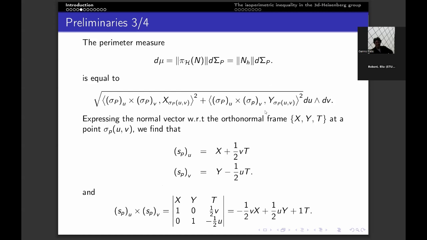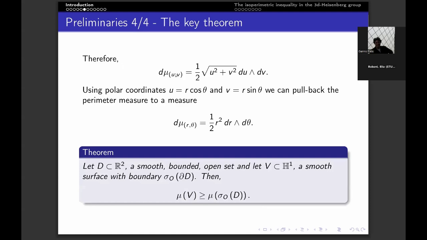So we can substitute everything back in this formula, and therefore the surface measure can be given using this type here. We can make a substitution, a change of variable to polar coordinates here, and we can express the perimeter measure in polar coordinates on the plane.